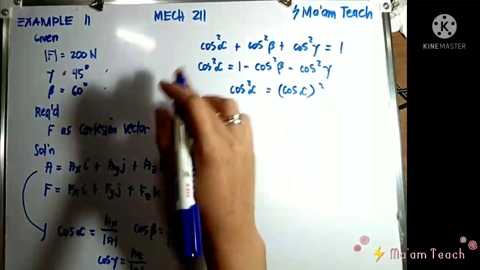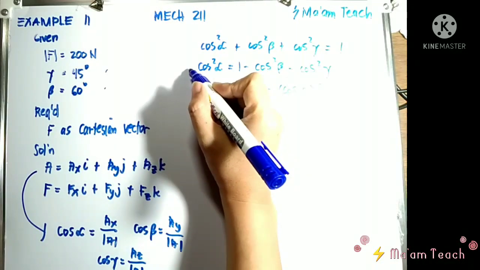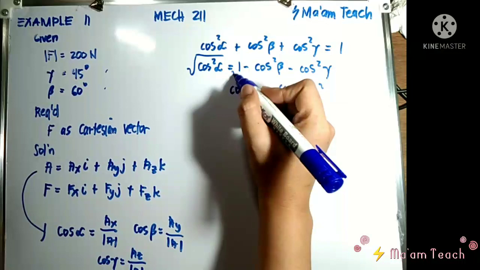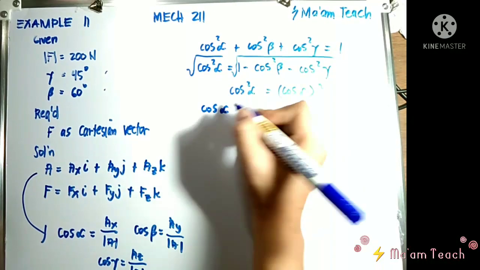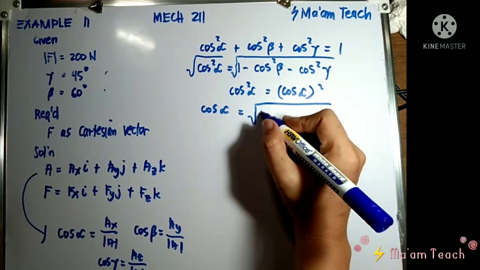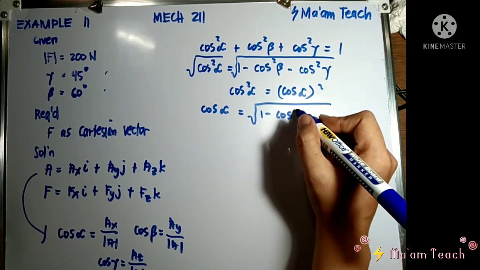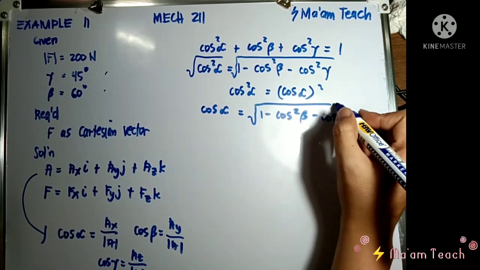So we have to get the square root of this. So you'll have cosine alpha equals the square root of 1 minus cosine squared beta minus cosine squared gamma.